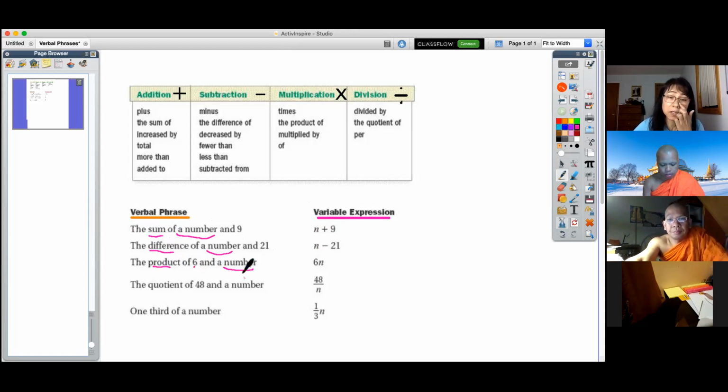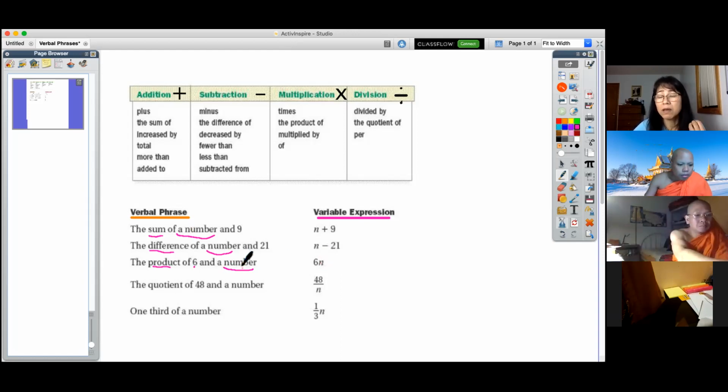Usually when they say a number, because you don't know what it is, you let the letter represent it. You could use x, y, a, b, or n, anything you want, because a number is an unknown variable.